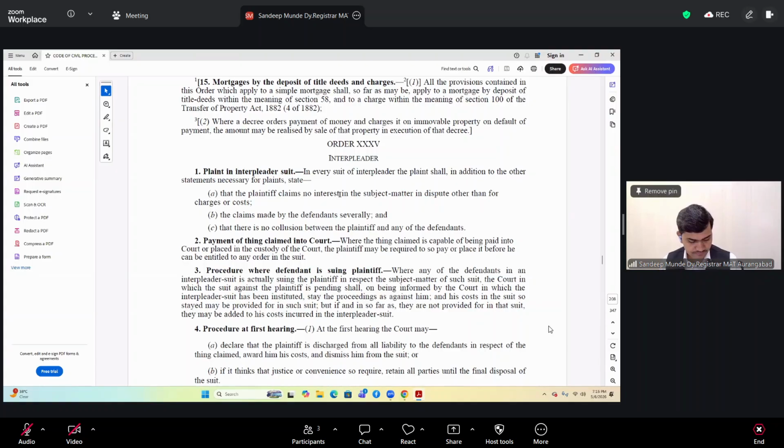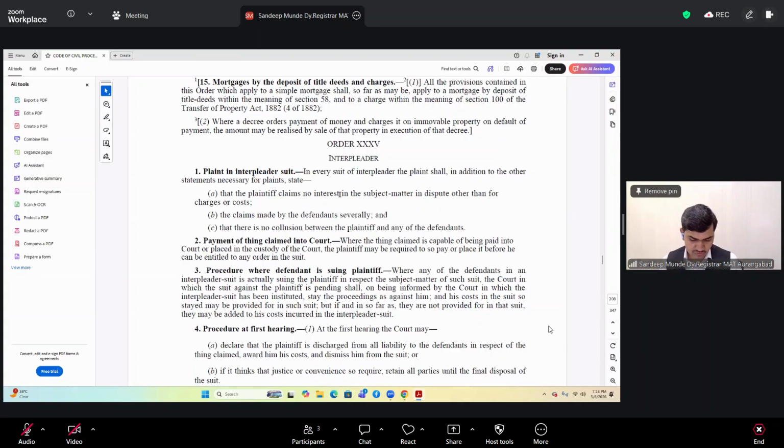Section 88. Where an interpleader suit may be instituted: where two or more persons claim adversely to one another the same debt, sum of money or other property, movable or immovable, from another person who claims no interest therein other than for charges or cost, and who is ready to pay or deliver it to the rightful claimant, such other person may institute a suit of interpleader against all the claimants for the purpose of obtaining a decision as to the person to whom the payment or delivery shall be made, and of obtaining indemnity for himself.